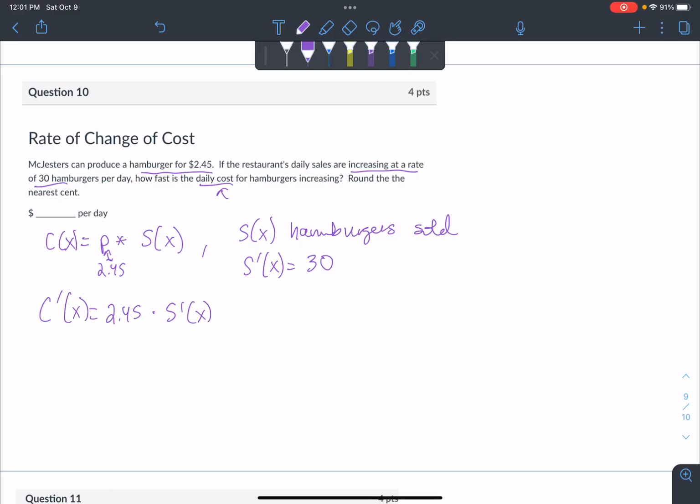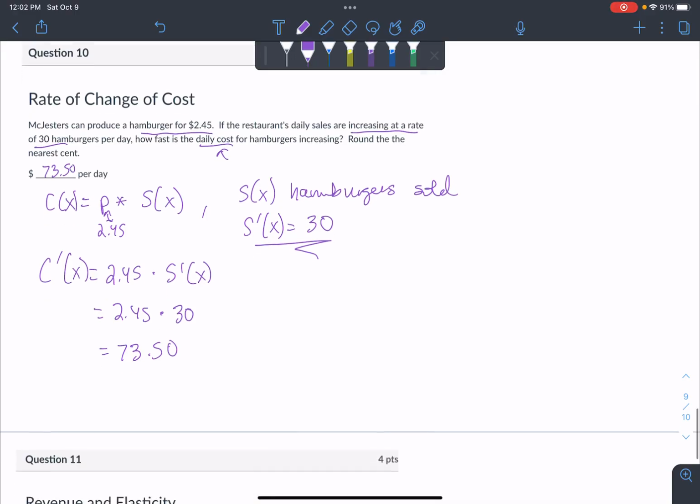We don't know what that looks like, but that's okay, because we know that that rate of change is 30. So now we just substitute that in, and our answer is $73.5 per day. And they say round to the nearest cent, so you can just throw on another 0 if you want.